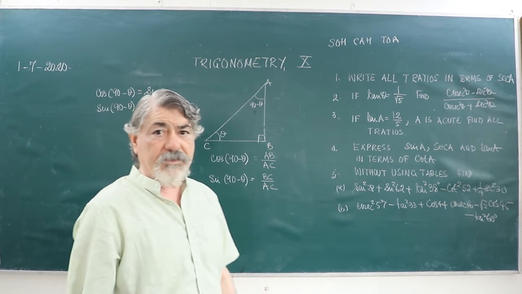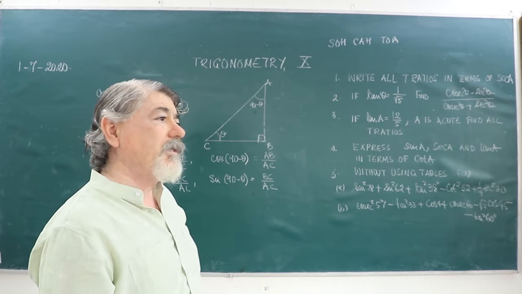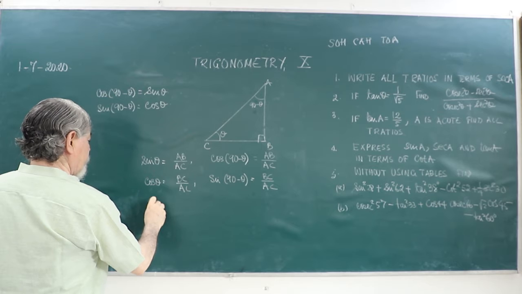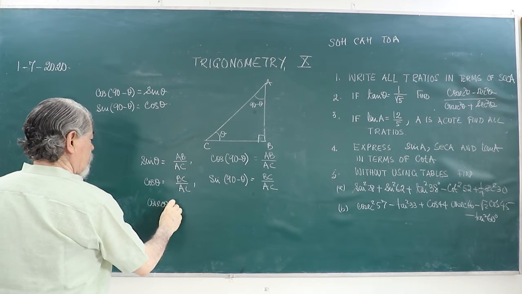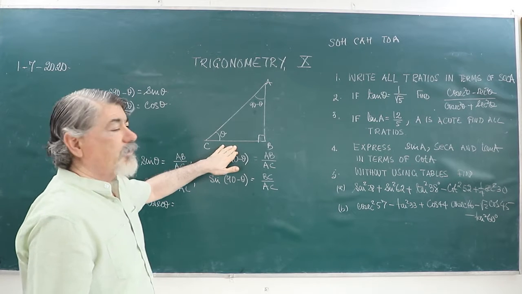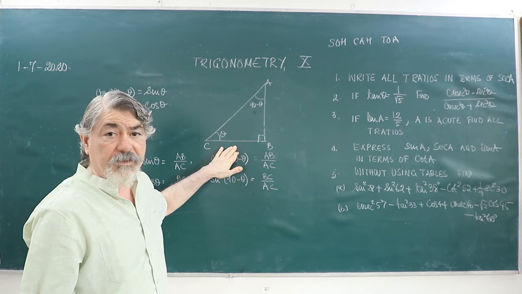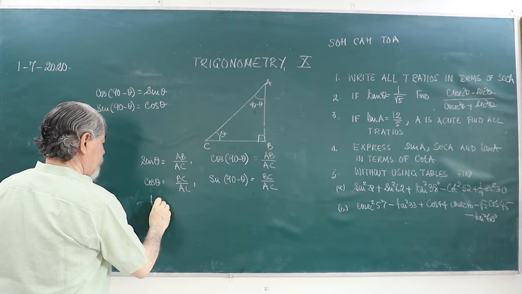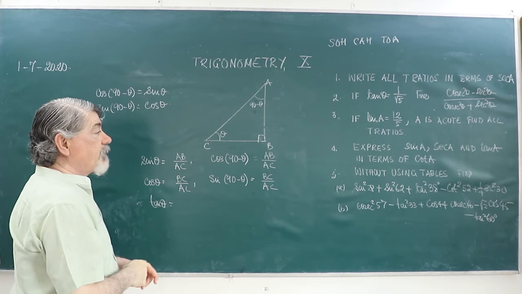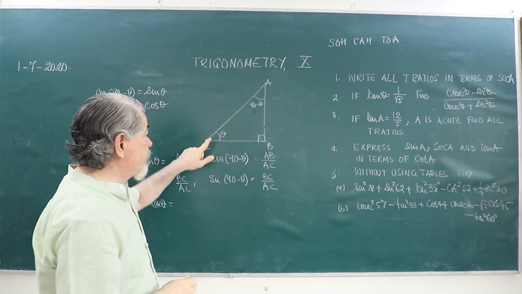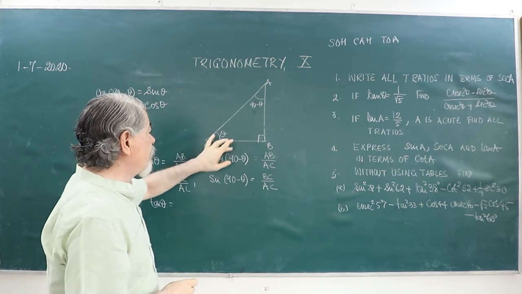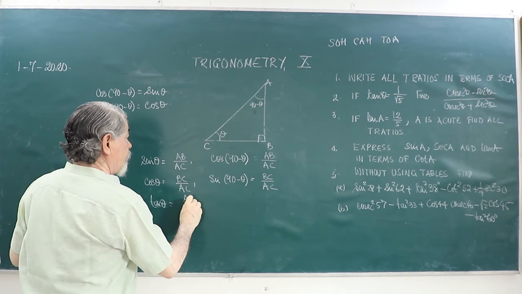We saw that. Now let's see tan theta. Tan theta is perpendicular upon base. If theta is the reference angle, tan theta will be perpendicular upon base, AB upon BC.